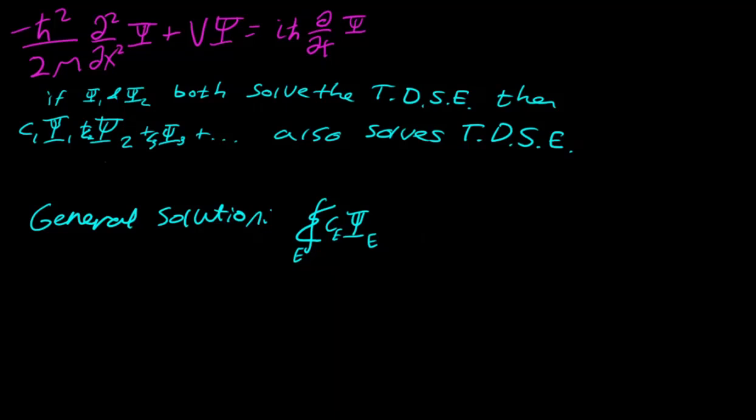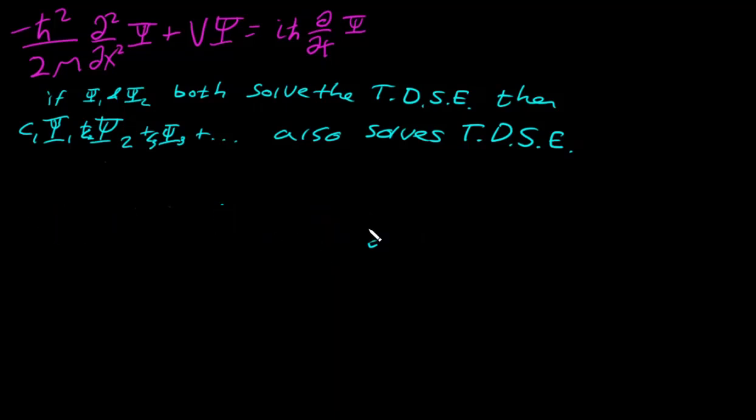And that's because the equation's linear, and either way, any wave function can be written as a superposition of energy eigenstates. And so now we have found the general solution, and I'll write this in a slightly more suggestive form. Say we have, and this will be the case a lot of the time, discrete energy levels.